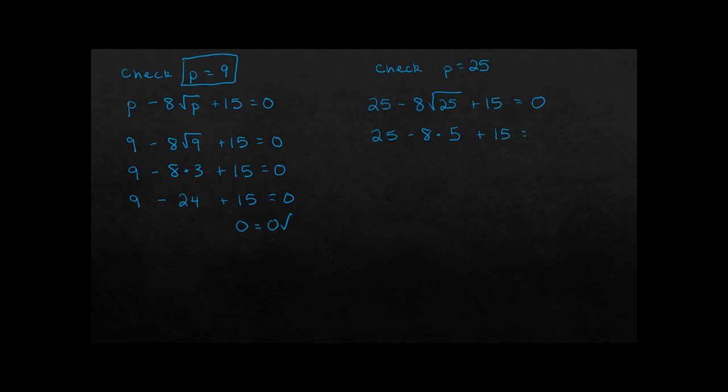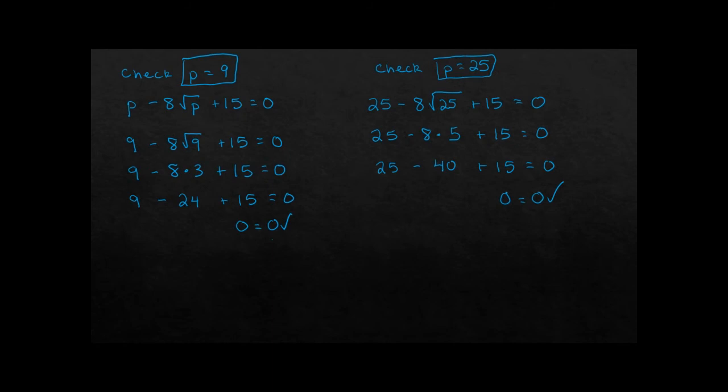And plus 15 equals 0. 25 minus 40 plus 15 equals 0. Putting that in my calculator, and we get 0. So both answers work. So in this case, we do have two solutions, 9 and 25.